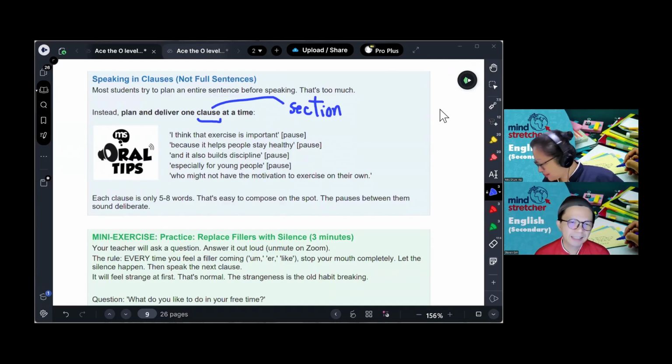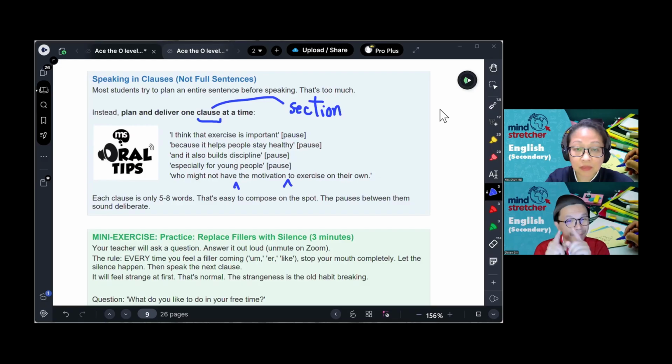I think the exercise is important because it helps people stay healthy and it also builds discipline, especially for young people who might not have the motivation to exercise on their own. So notice how I inserted micro pauses in between because I needed time to think. So that's what you would do.